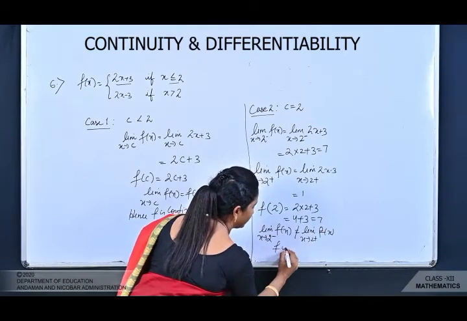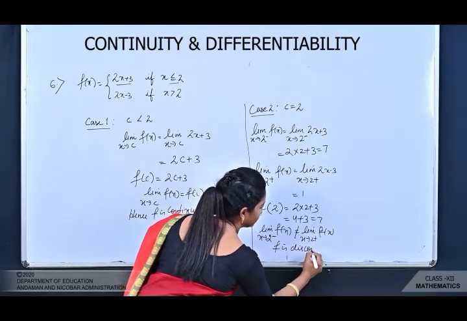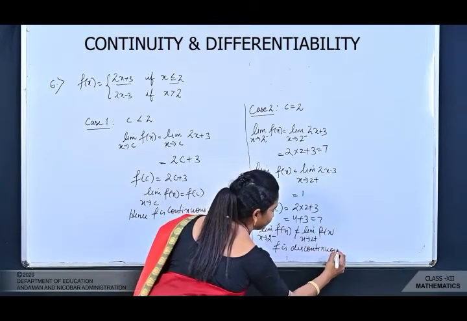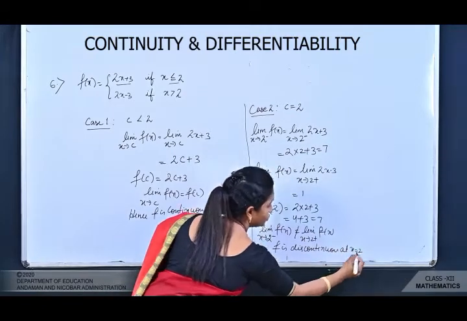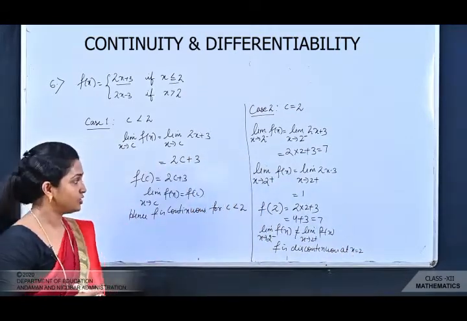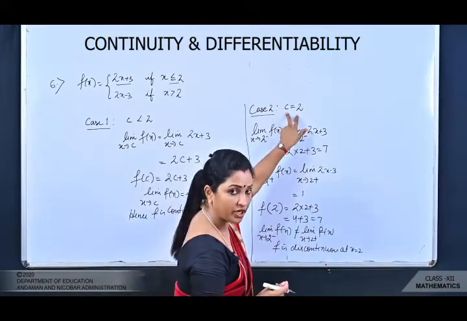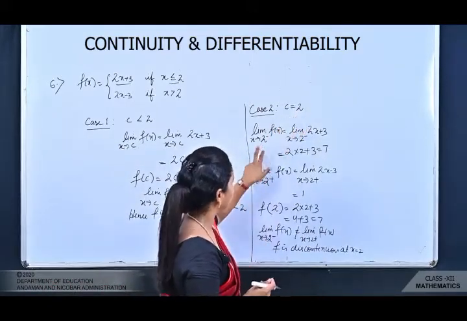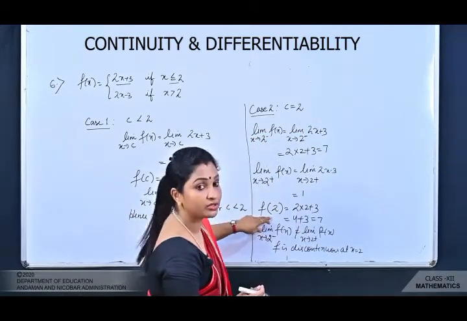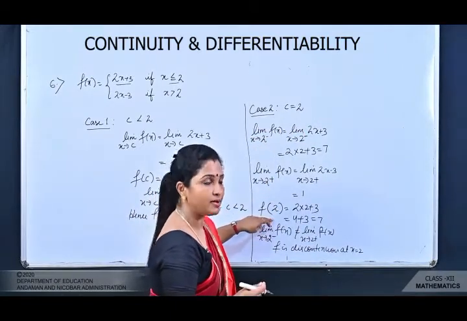Clear? So f is discontinuous at x is equal to 2. Clear children? The function is discontinuous. So whenever you find the condition at a point on the equal to sign, remember you have to find the LHL, the RHL and the value of the function at that particular point.